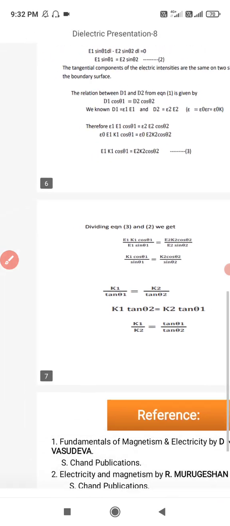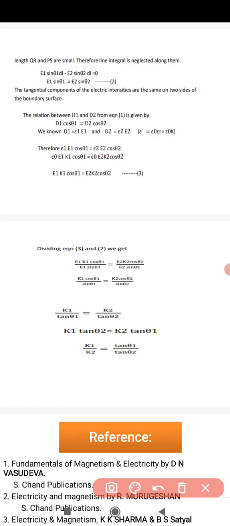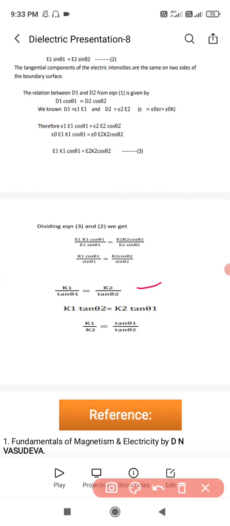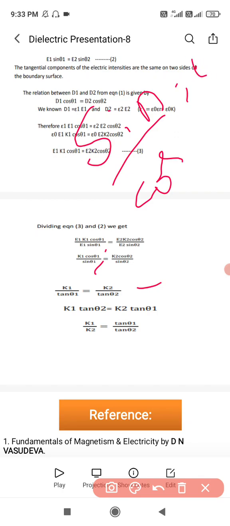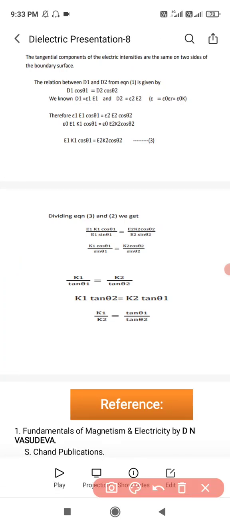We get K1 cos theta 1 divided by sin theta 1 equals K2 cos theta 2 divided by sin theta 2. Cos by sin is known as cot, so K1 by tan theta 1 equals K2 by tan theta 2. By cross multiplying, we get K1 tan theta 2 equals K2 tan theta 1.